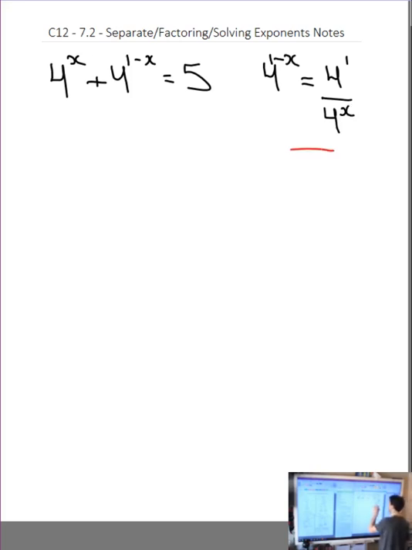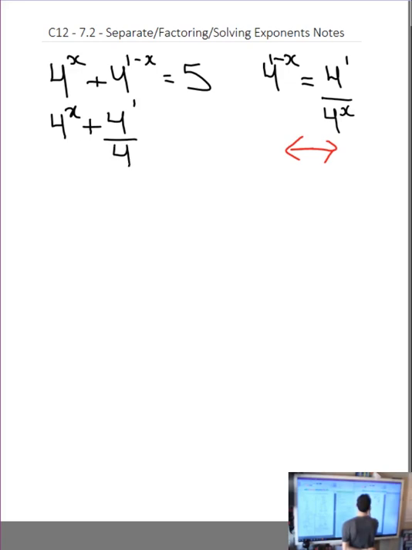Again, being able to go back and forth between these two things without any problem. Go back and practice, make up your own questions, etc. So I simply have 4 to the x plus 4 to the 1 over 4 to the x equals 5.